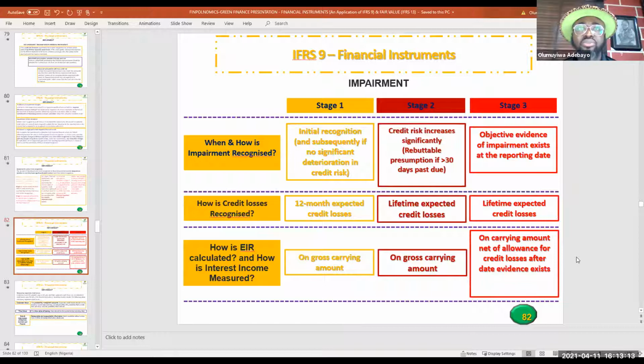Though it is rebuttable, though it is presumptive in nature, evidence has shown, which has formed the basis to which the standard conclusion was based, that it is more likely that when a financial asset is having difficulty to meet up with the contractual cash flow after more than 30 days, in which interest is not paid, or principal is not paid, or interest and principal is not paid, it's much more visible that it has experienced a significant deterioration in credit risk.